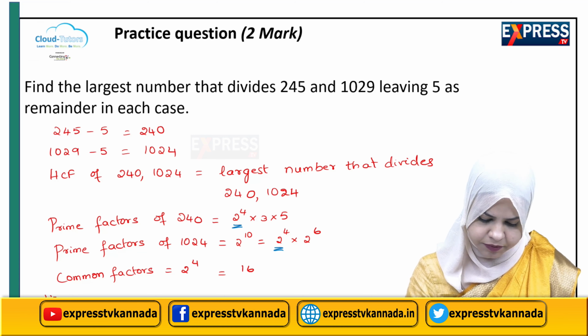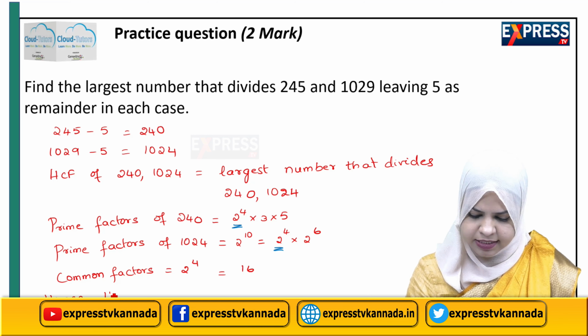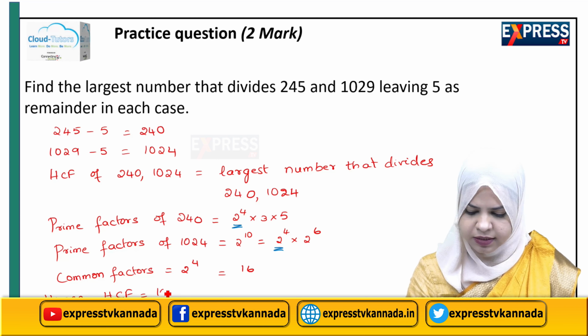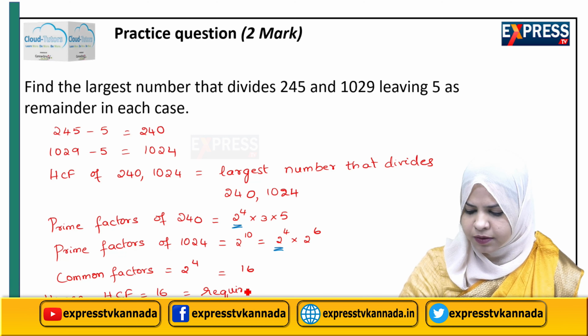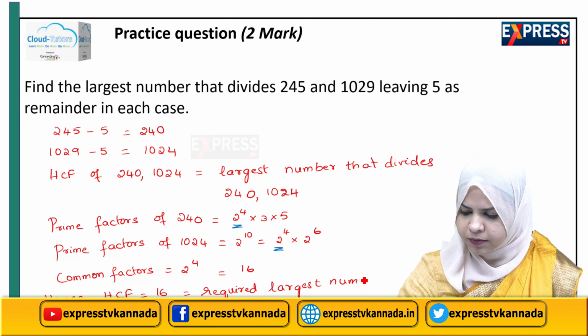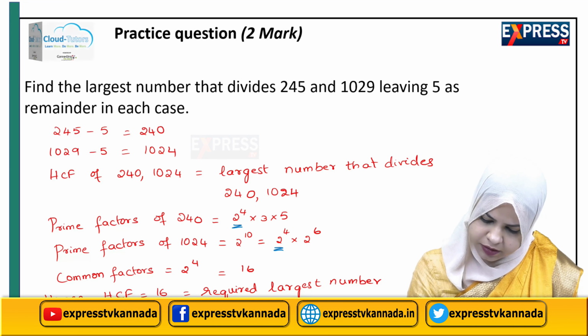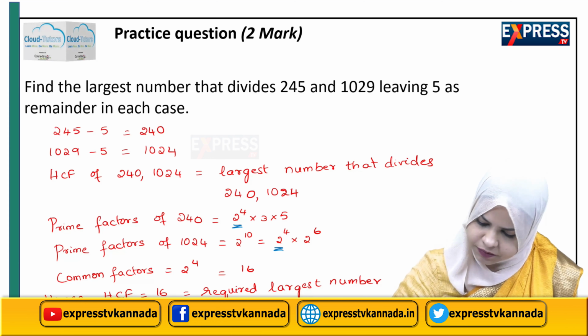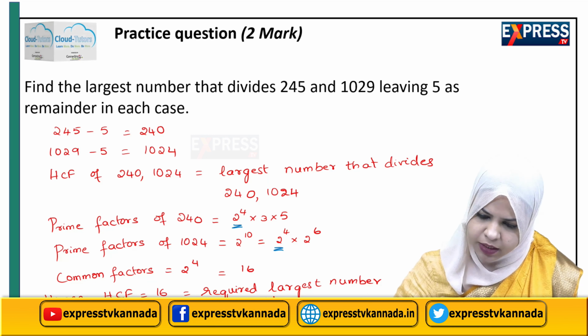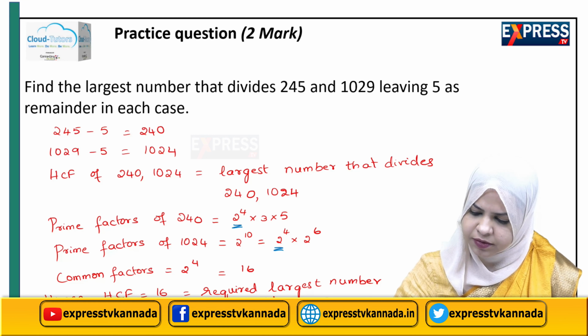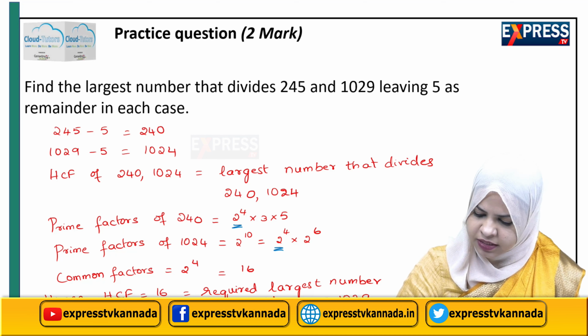So hence HCF is equal to 16, which is the required largest number that divides 245, 1029, leaving 5 as remainder.